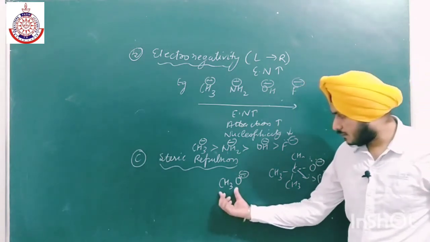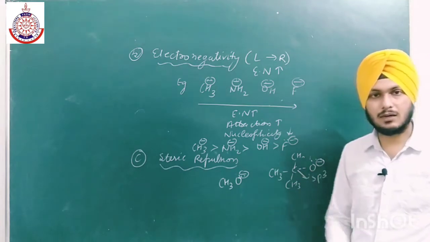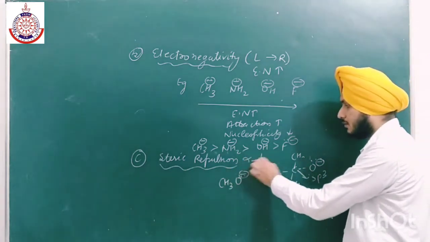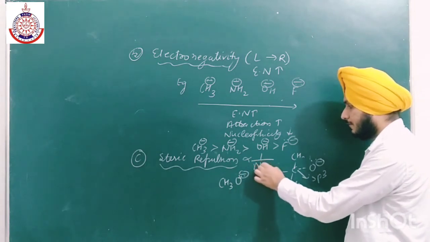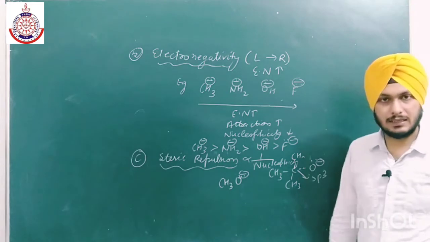In case of CH3O negative, there is no steric crowding. That is why nucleophilicity is inversely proportional to steric repulsion.